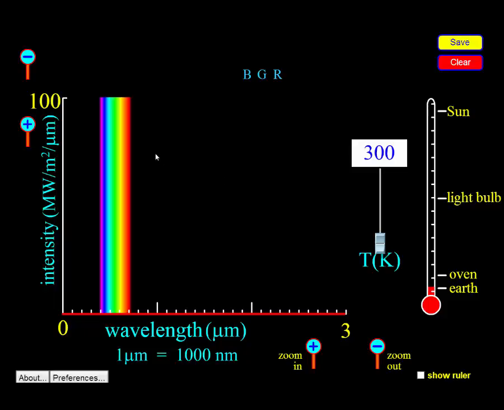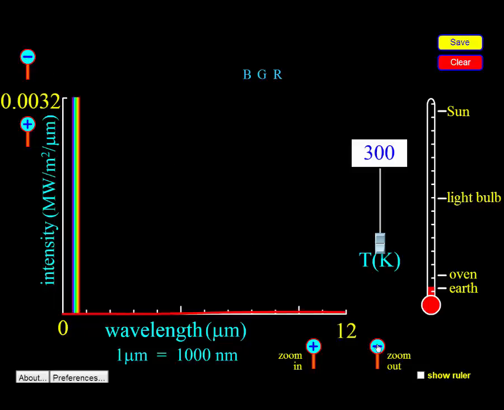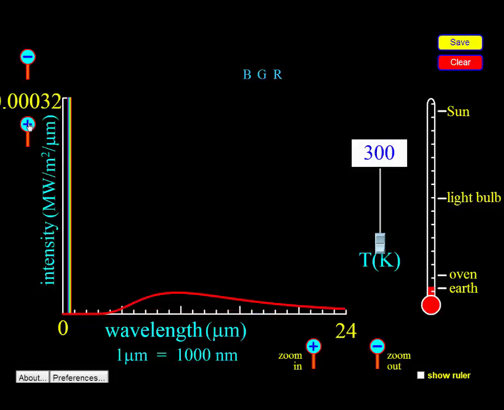There's two things we have to do to locate that maximum. Zoom in on the vertical axis, basically move out a little bit on the horizontal axis. There it is. After making appropriate changes to the vertical and horizontal axes of the graph, we can see that the wavelength of maximum emission by the Earth lies about 10,000 nanometers.